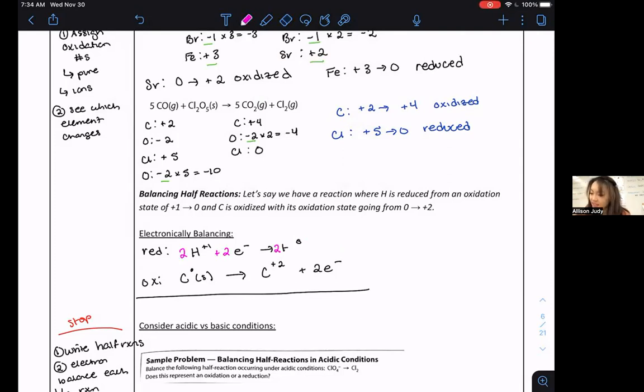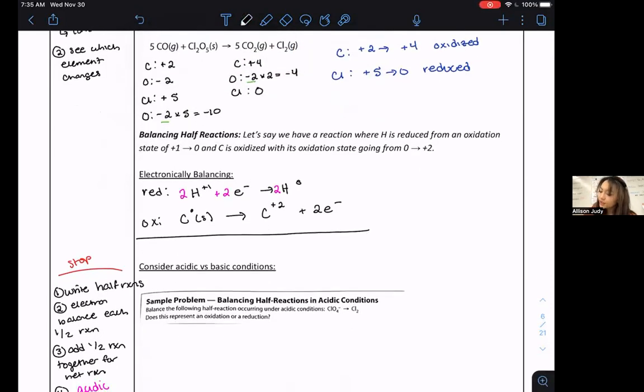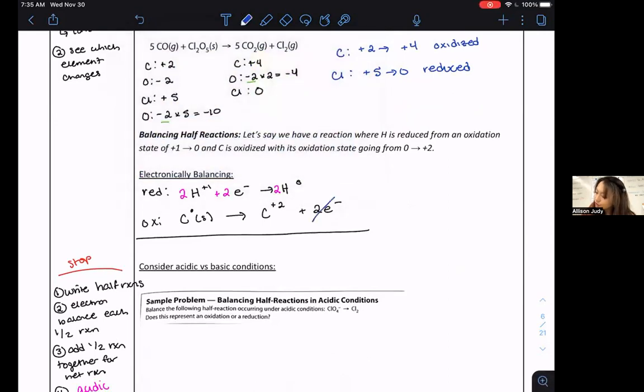Apologies. I gave this answer away early on. Okay, it becomes this. And then what you see is that the 2 electrons lost cancel out the 2 electrons gained.